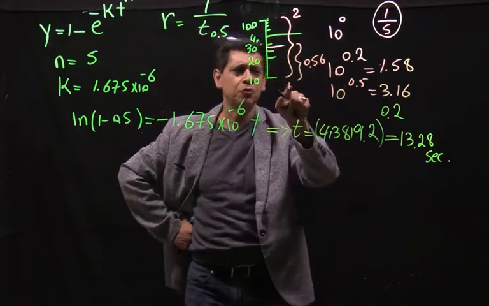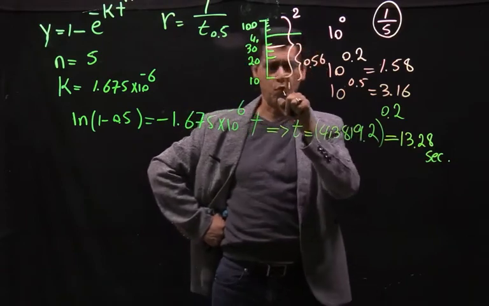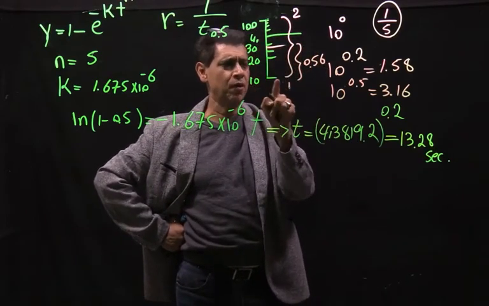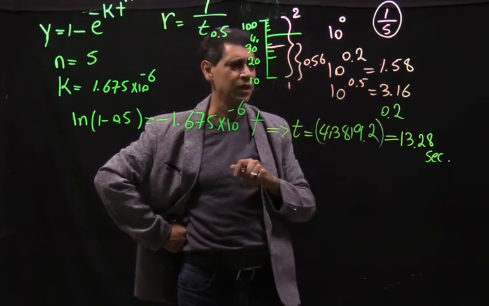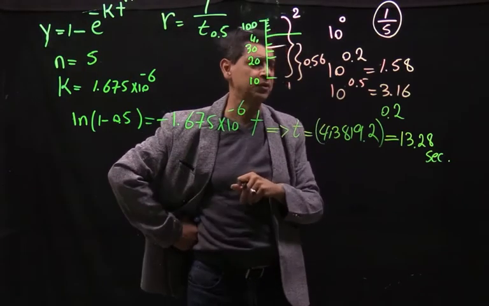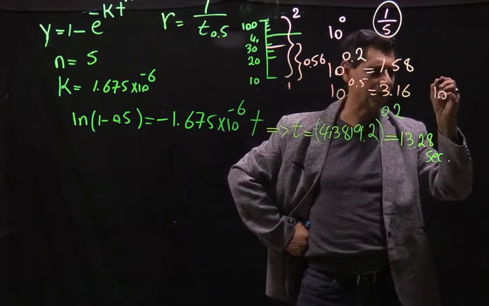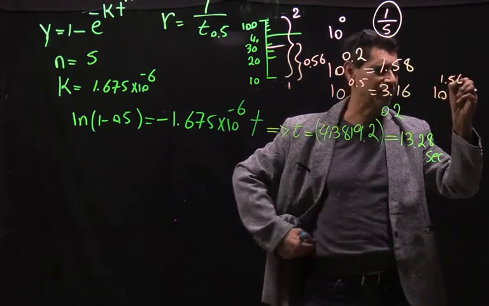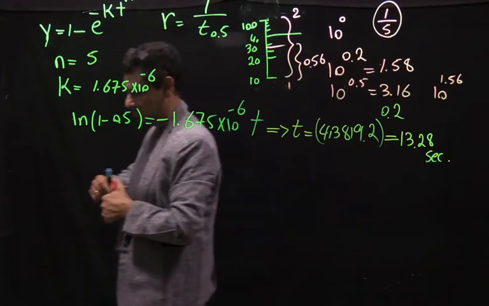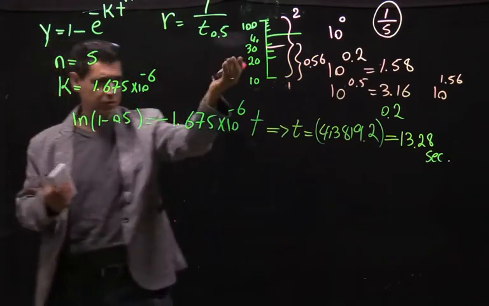Therefore, this value here is 1, this is 10 to the power 1, this is 10 to the power 2, therefore that value would be 10 to the power 1.56. I'm just saying that, for example, whatever the value is, most probably is not that one.